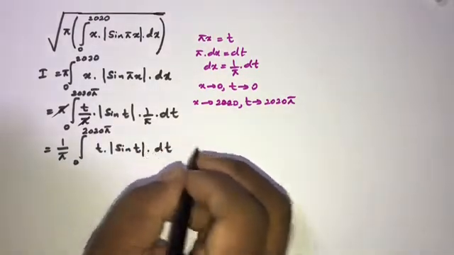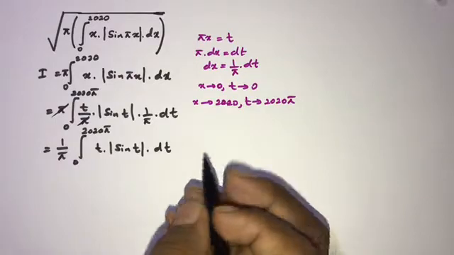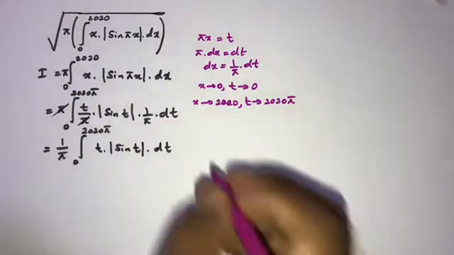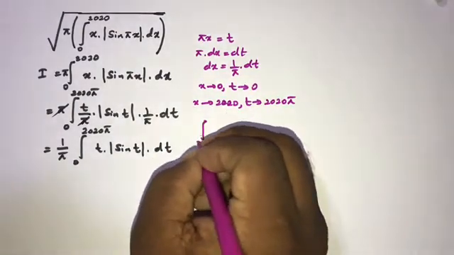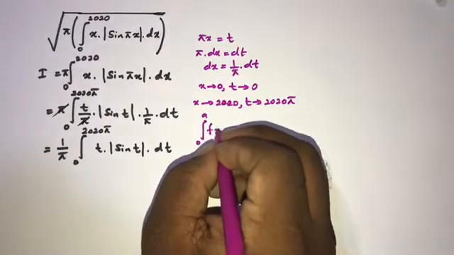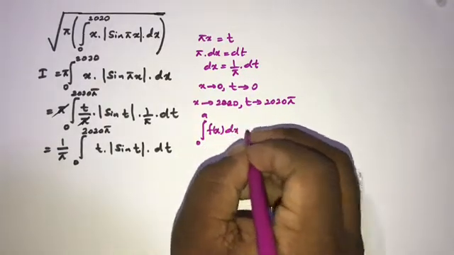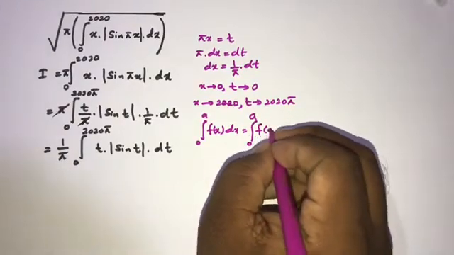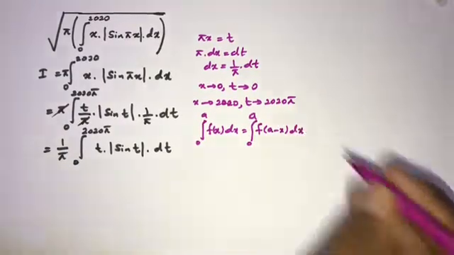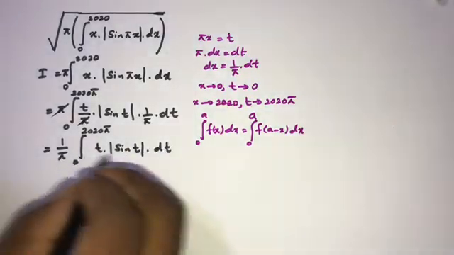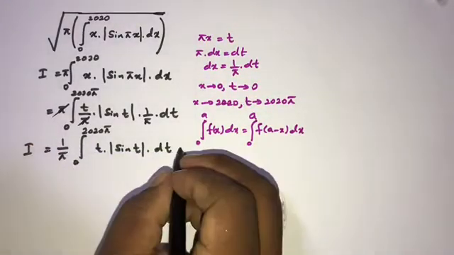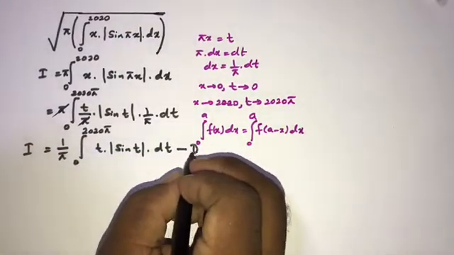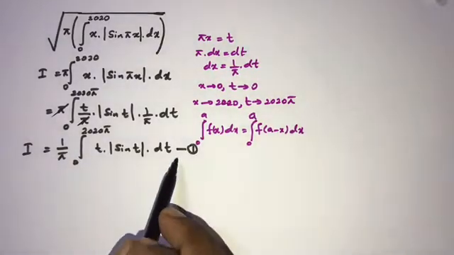Well, now we know this property of integration: integral from 0 to a of f of x dx is equal to integral from 0 to a of f of a minus x dx. And now here we know this is also equal to I, and I am going to take this as equation 1.